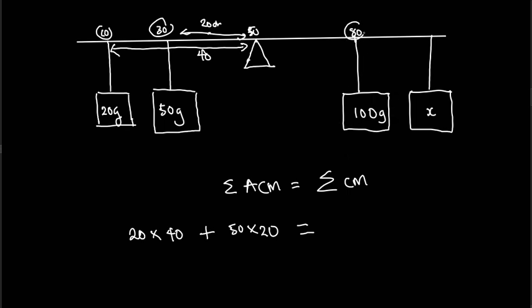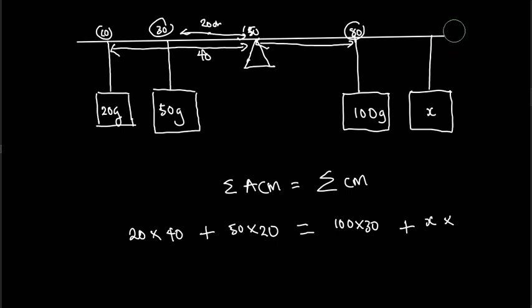So 100, at the 80 mark, the distance between 80 and the 50 mark is 30. So we have 100 times 30. We add it to x times what is going to be the distance.